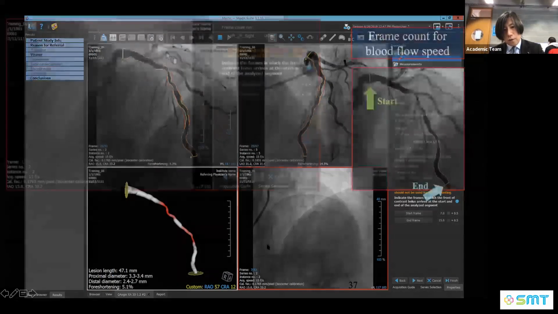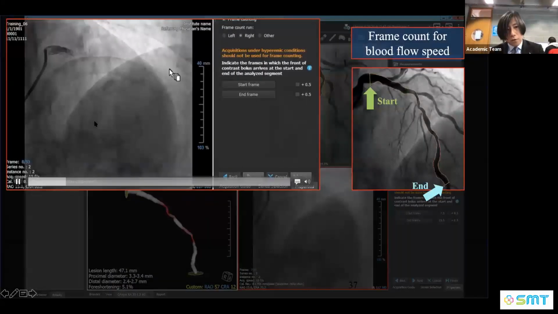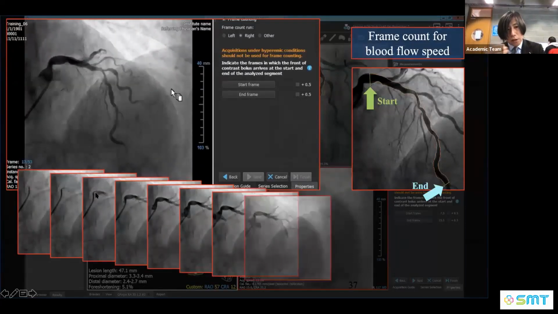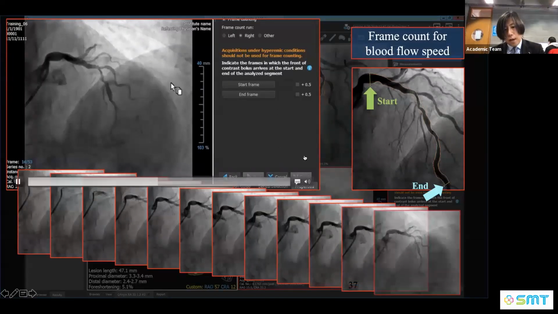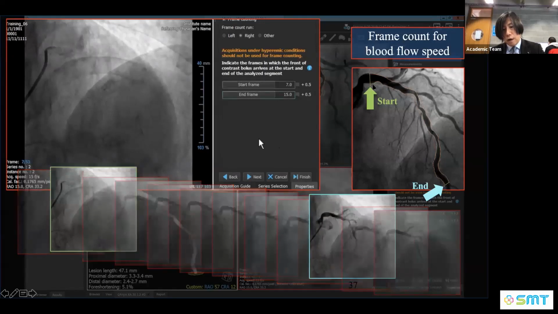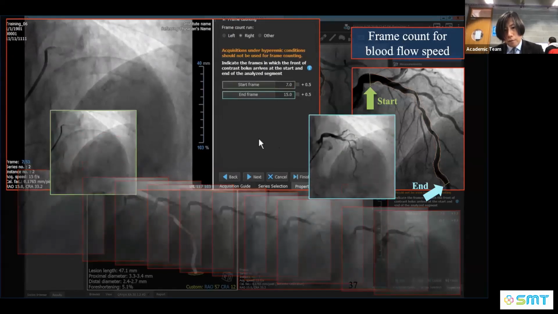So we look at the frame count, see the timing where the contrast is touching the vessel wall, and the frame where the contrast is reaching the distal point. So this is a start point and distal point, and we will count the number of frames in between. The start frame in this case was 7, the end frame 15.